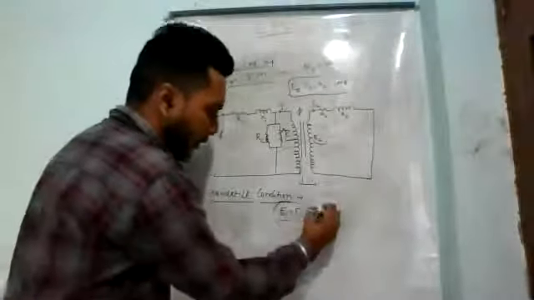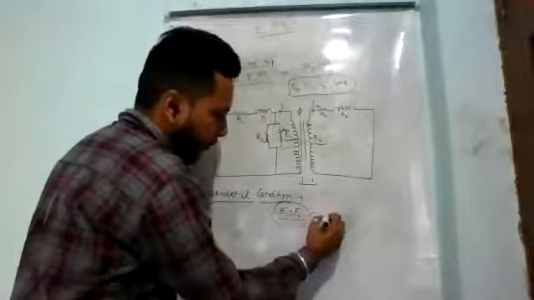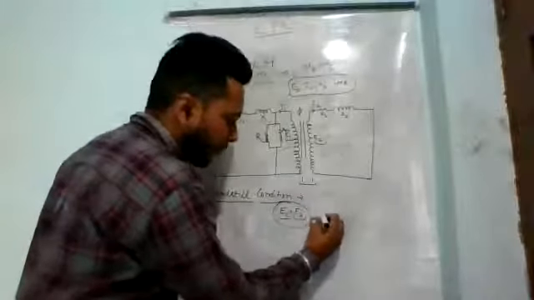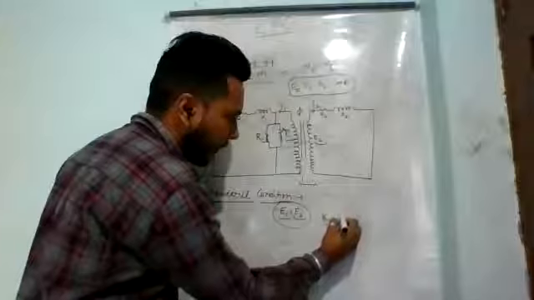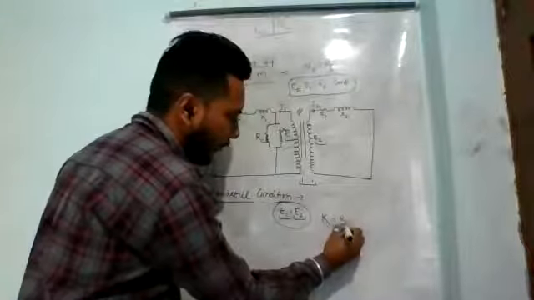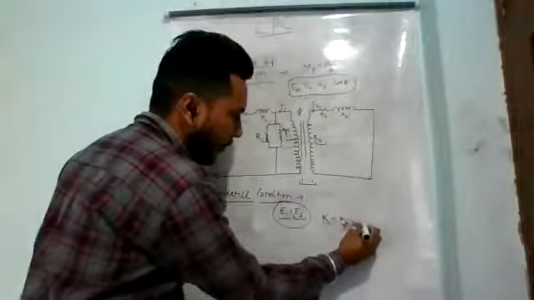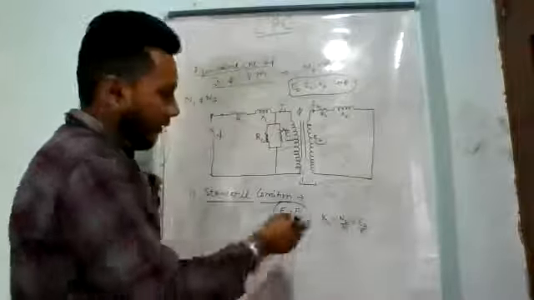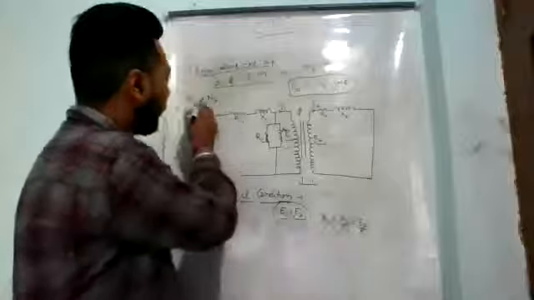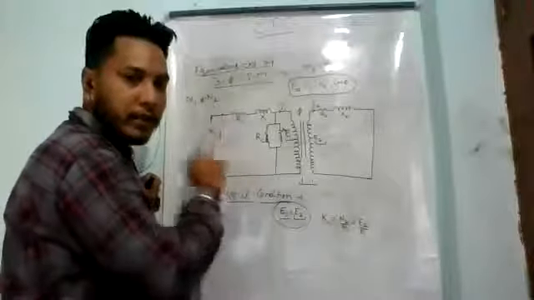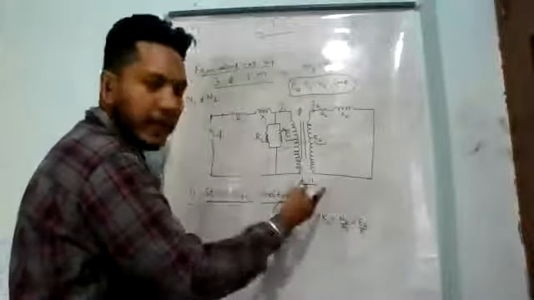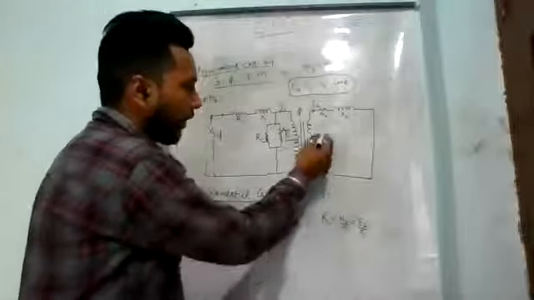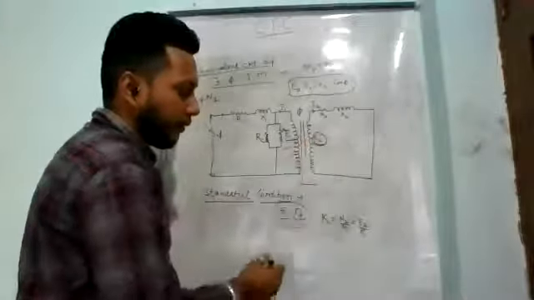As we know, the transformation ratio of a transformer is given by A is equal to N2 upon N1 is equal to E2 upon E1.